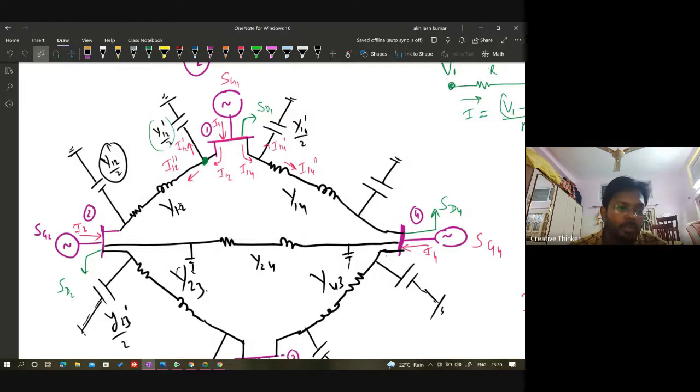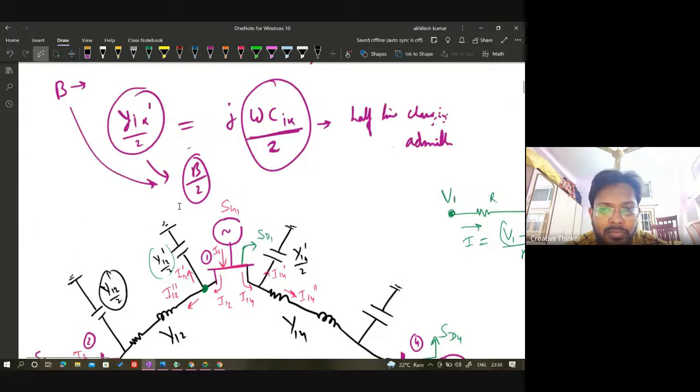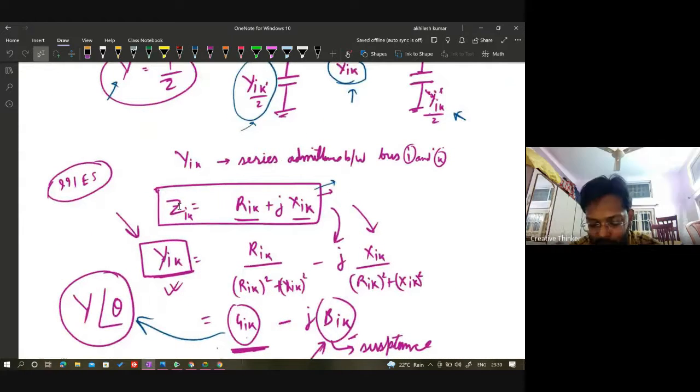On any bus, a generator can be connected, a load can be connected, or both can be connected.